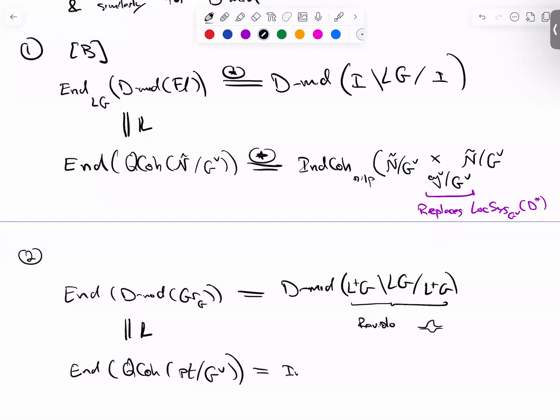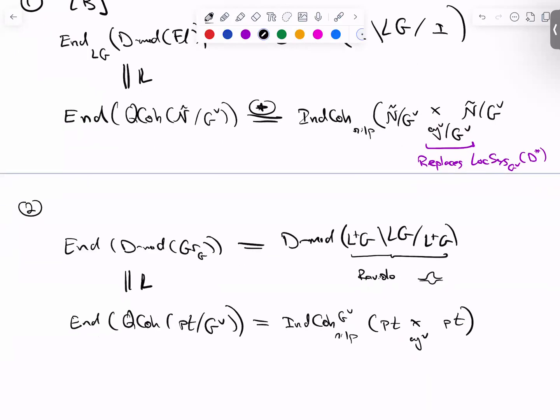And again, this is going to be point times point over G check. So in this philosophy that Lie algebra g mod group G replaces local systems, I could have written point mod G times point mod G over G mod G. But there's G's everywhere, I can just pull it on the outside.